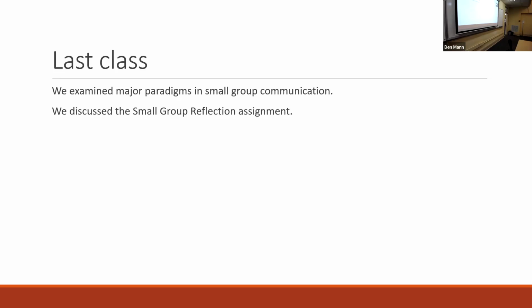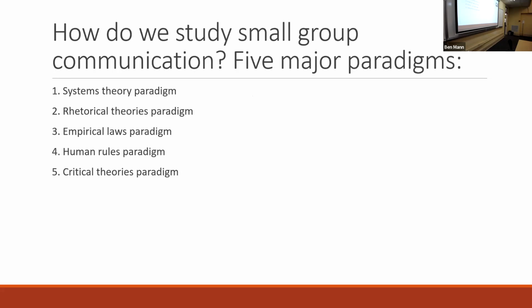I also introduced the small group reflection assignment to put that on your radar so that you're prepared to complete that assignment by a week from Sunday. So just for your review, these 5 different paradigms are ways of thinking about small group communication. You might consider using one of these paradigms as you're working on the reflection assignment, since they help us to understand how small groups behave.